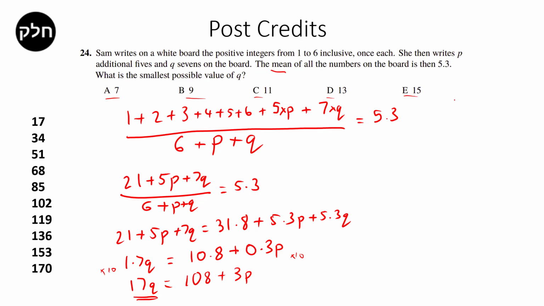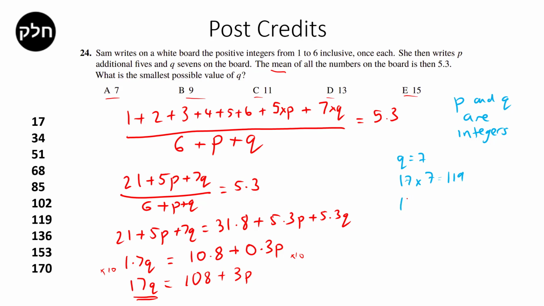Because we know that p and q are integers, and actually they're integers bigger than 1, but either way, they're integers, we can just try each of these out and see if they work. So, if q is 7, we've got 17 times 7, which is why we have our 17 times table here. 1, 2, 3, 4, 5, 6, 119.